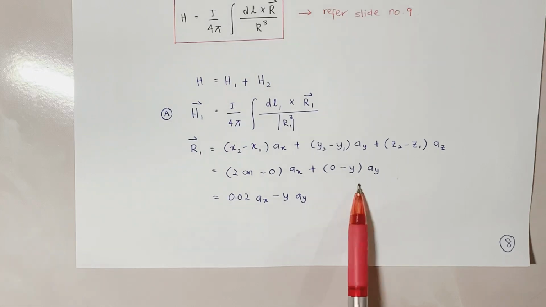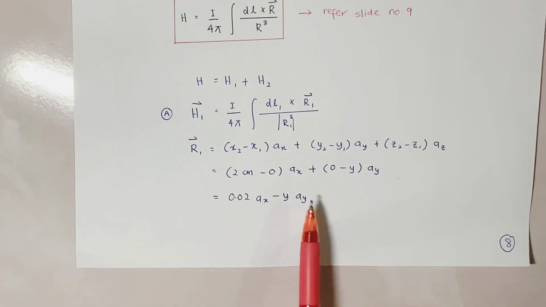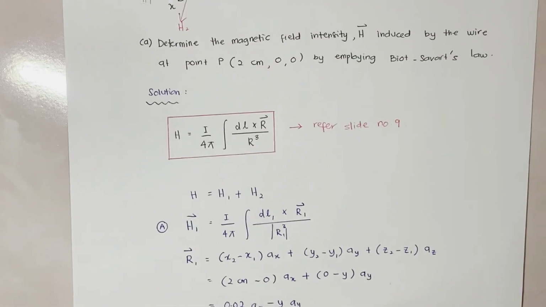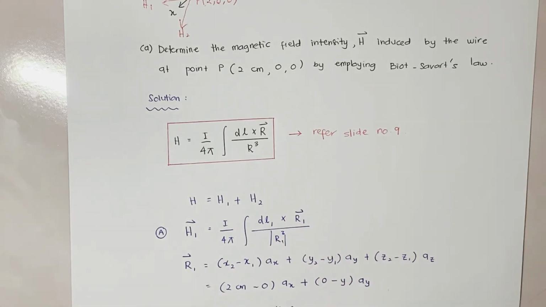Solve it, and you will get 0.02 ax minus y ay. Now you have the solution of r1, and from vector r1 you can find the magnitude.